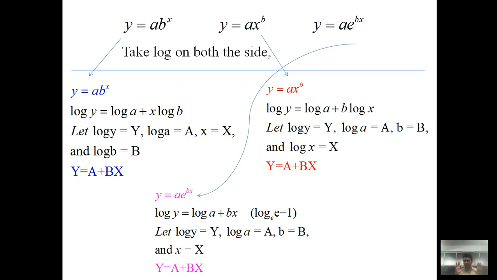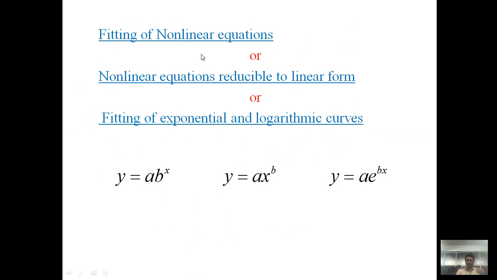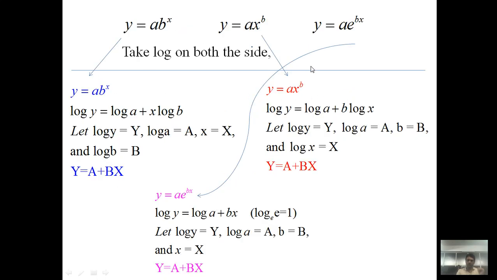So it doesn't matter which type of non-linear equation we have to deal with, we have to apply the same strategy to convert it into a linear form. So ultimately it gives y is equal to a plus bx.